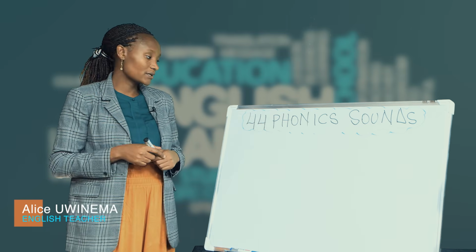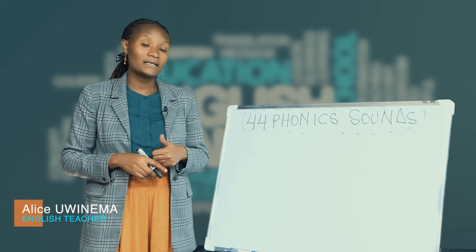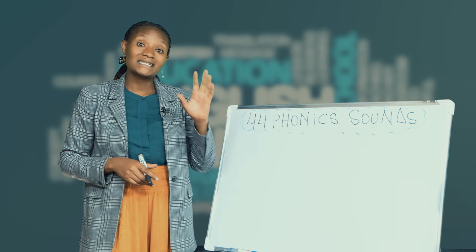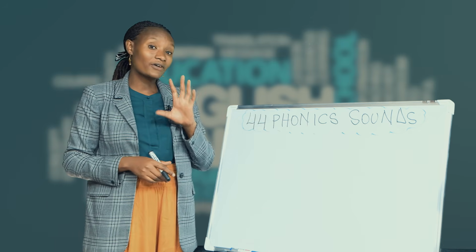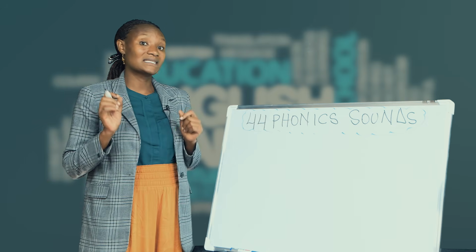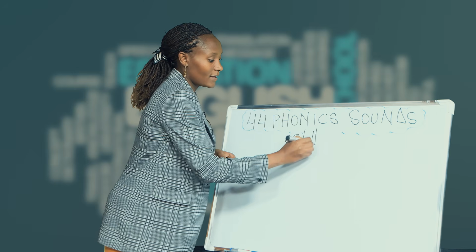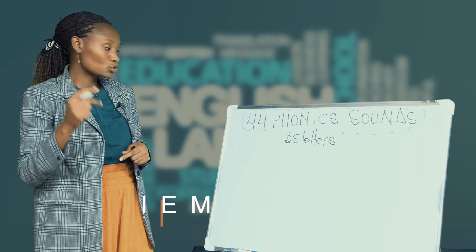The first category is the vowel sounds, the second one is the consonant sounds, and the third is the digraph sounds. To begin with the vowel sounds, as we all know, English has 26 letters. These letters are also grouped into two groups.